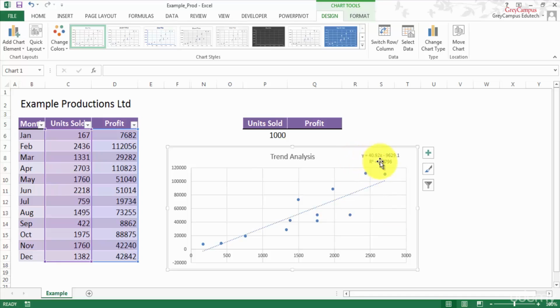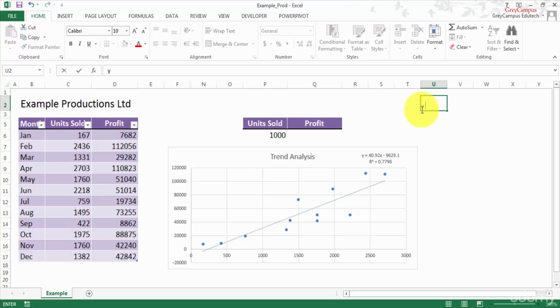Now once we have got this analysis, first of all we will check this particular equation. So what is this equation? It is in the form of y equal to ax plus b or a plus bx, whichever way you say it. Actually it is y equal to a plus bx.